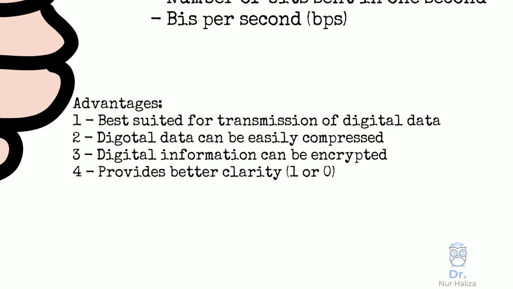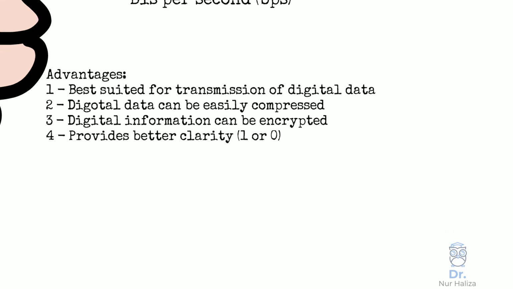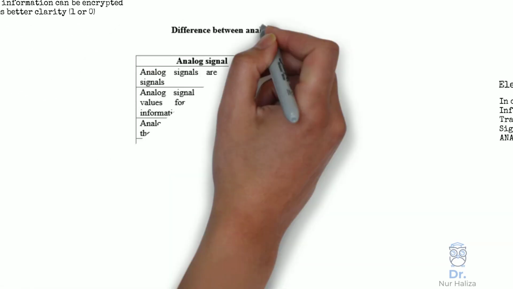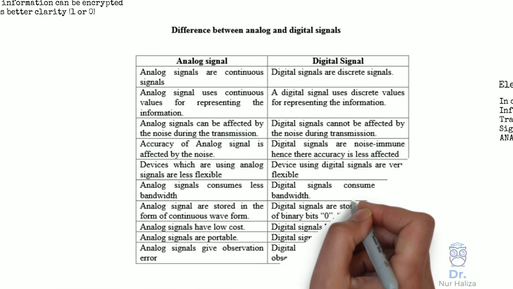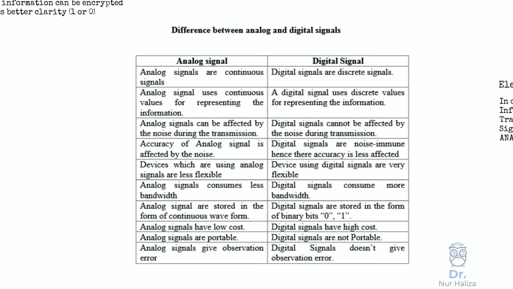Here we can see a lot of examples differentiating analog and digital. Over here I drew a table of differences between analog and digital signals. There are 10 examples of differences between these two signals, but we can list many others also.